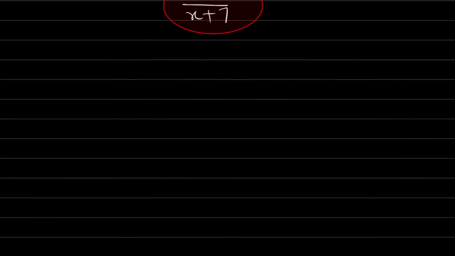So we call this question bonus question 27. This question says find the equation of the line perpendicular to 2x minus 3y equals to 4 and passing through the points 1, minus 2.